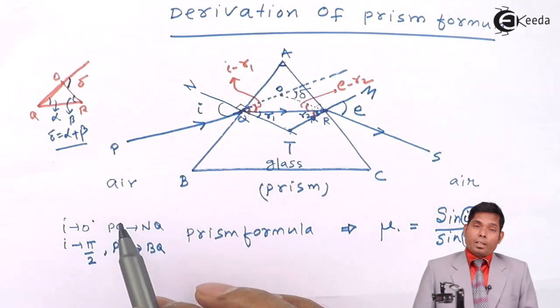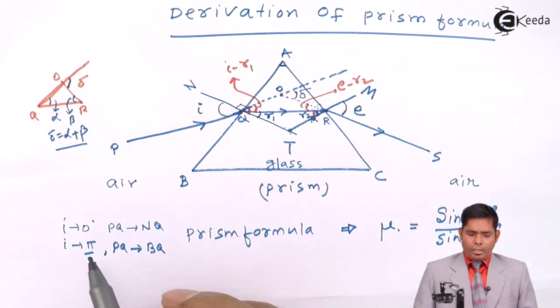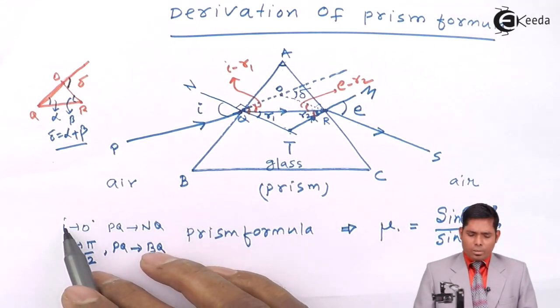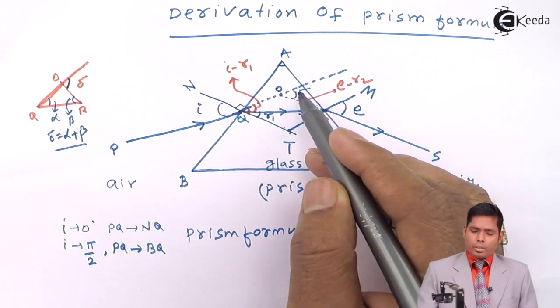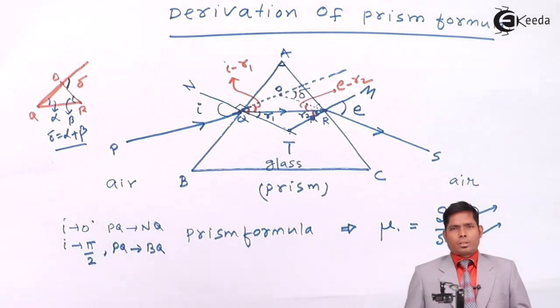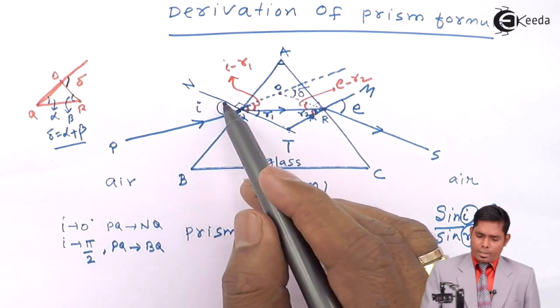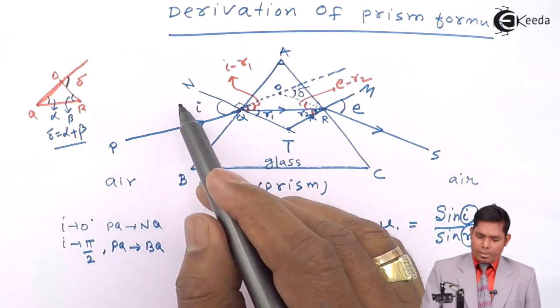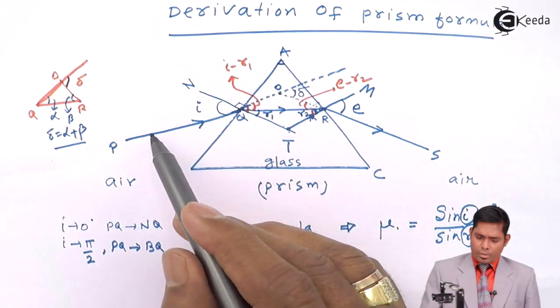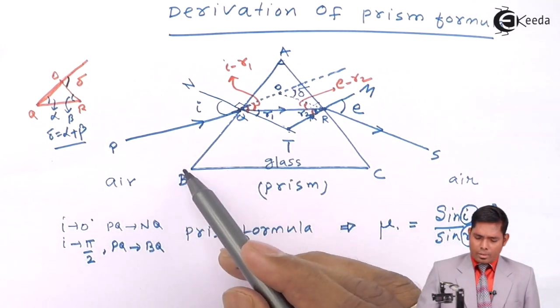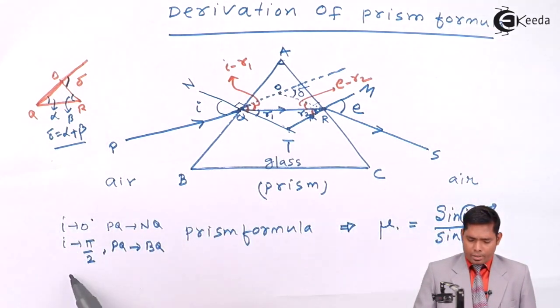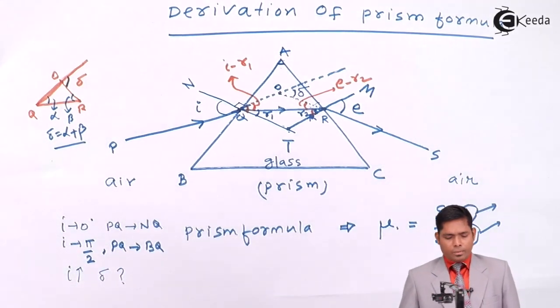If I plot a graph of angle of incidence with respect to the angle of deviation, as I move the ray PQ from this line, correspondingly gradually I will increase the angle of incidence like this. So as this I increases, what happens to delta?